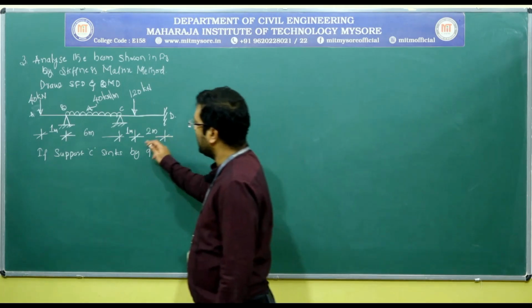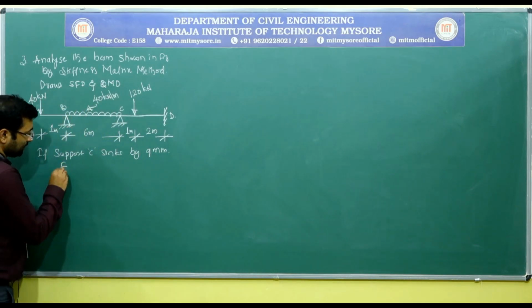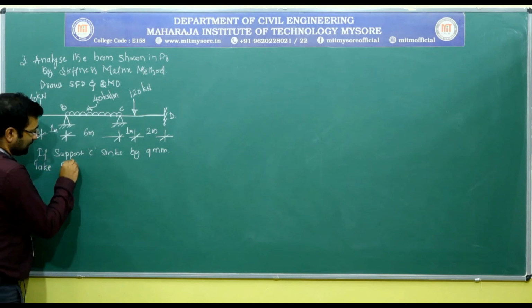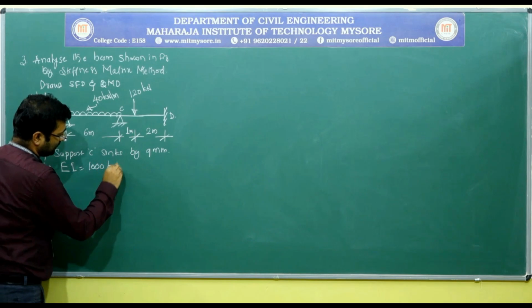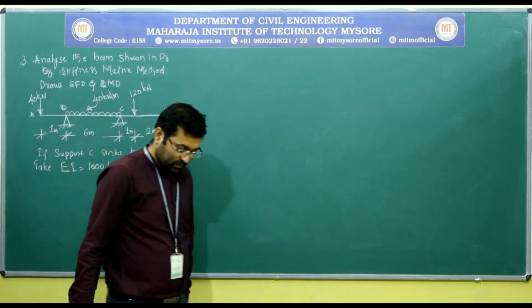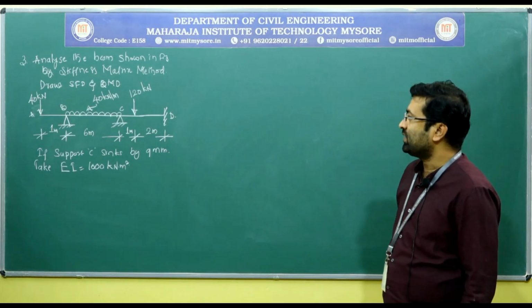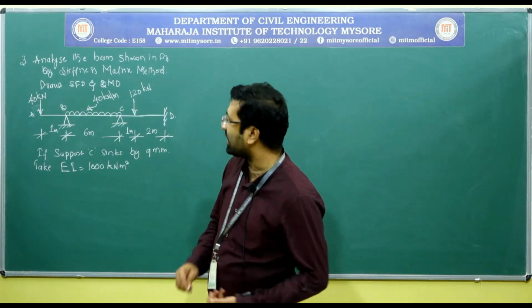Whenever we are dealing with the sinking, we need the EI value. So here they have given the EI value. Take EI equals 1000 kilonewton meter square. So we have to take the EI value as 1000 kilonewton meter square, and analyze the beam and draw the shear force and bending moment diagram.